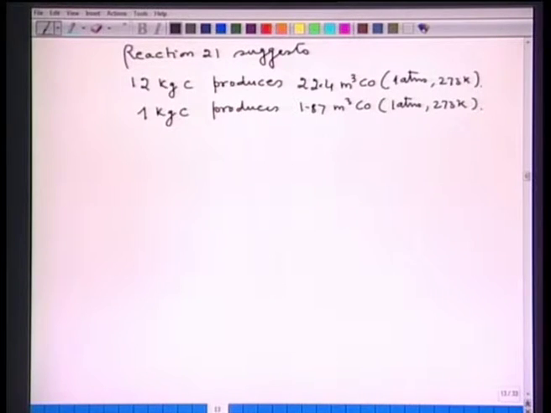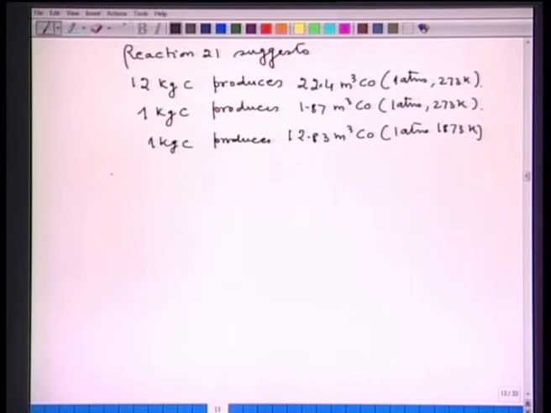This particular volume of CO at 1873 Kelvin will become 12.83 meter cube CO at 1 atmosphere. That is, 1 kg carbon produces 12.83 meter cube CO at 1 atmospheric pressure and 1873 Kelvin.